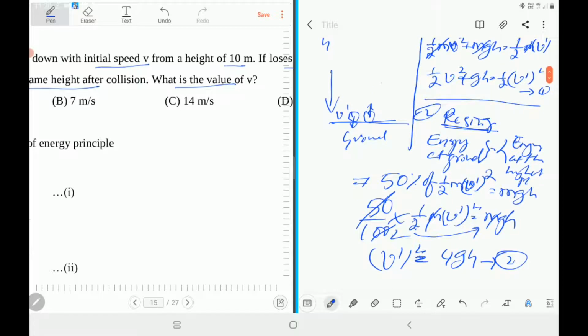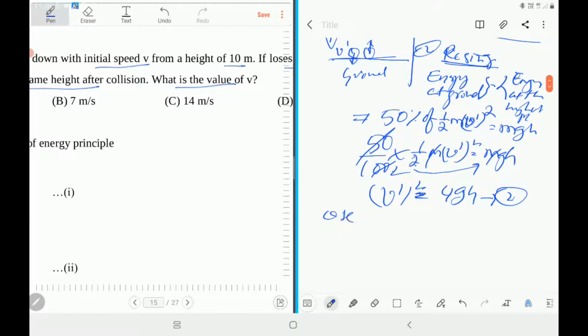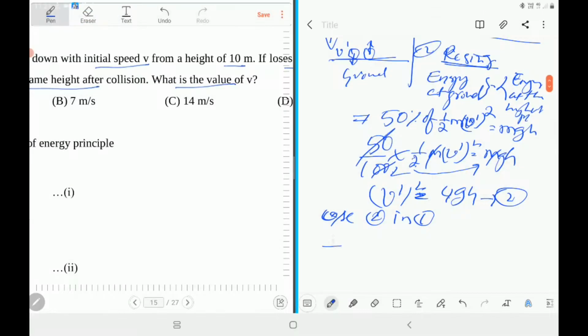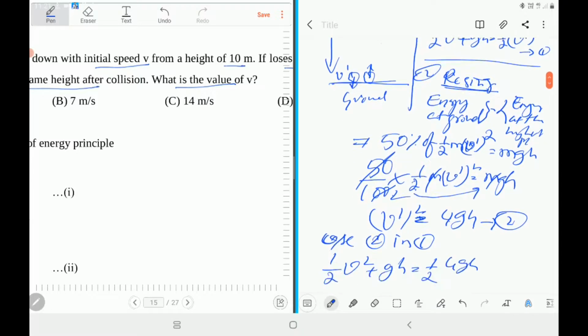Now I can use the value of v dash squared from equation 2 in equation 1. In equation 1, on the left side you have half v squared plus g h, which equals half v dash squared, with v dash squared as 4 g h. Now you solve.